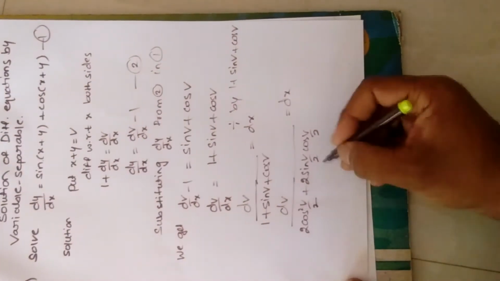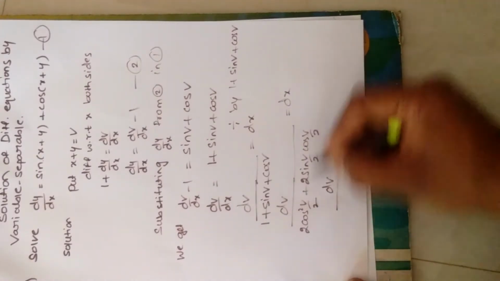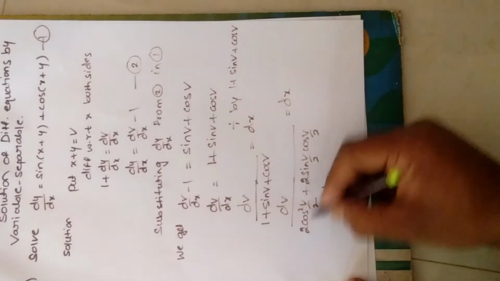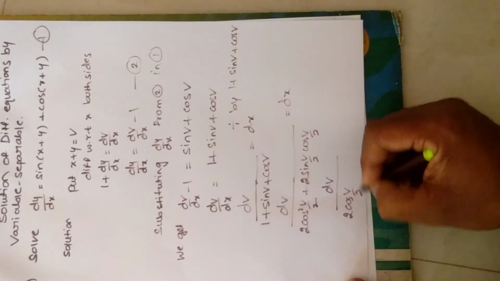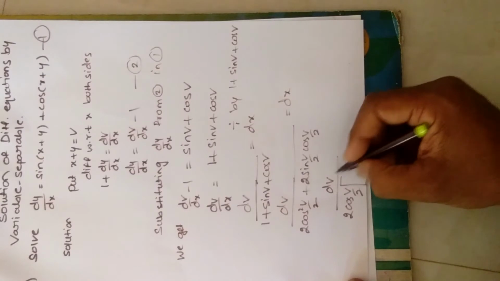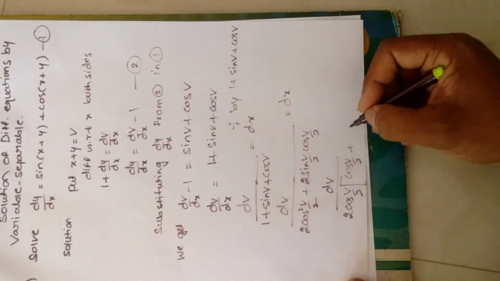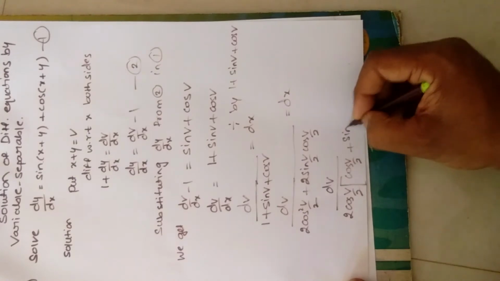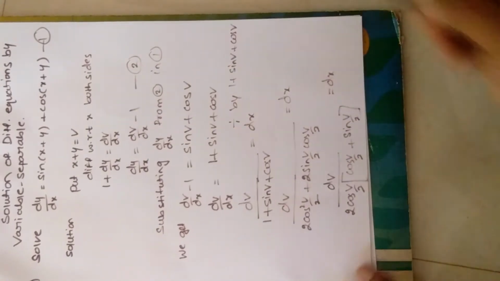Then in this case dv divided by, in these two terms cos(v/2) is common, 2 cos(v/2) is common, so taking that 2 cos(v/2) outside the bracket, here cos(v/2) + sin(v/2) is left, which is equal to dx.